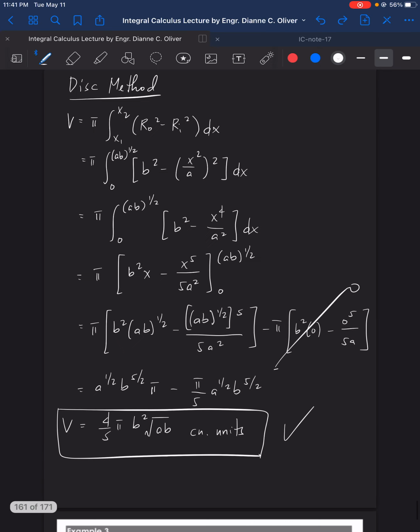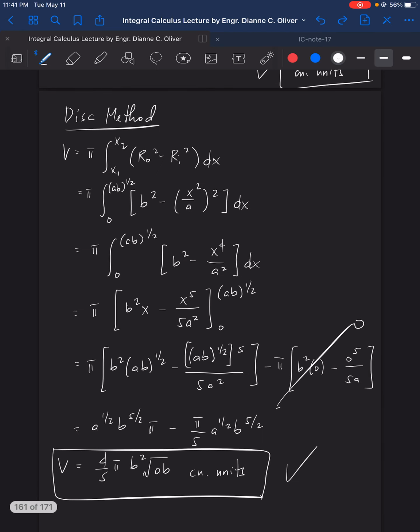Compared with the ring method, the ring method has the square inside the parentheses, each on the radius.